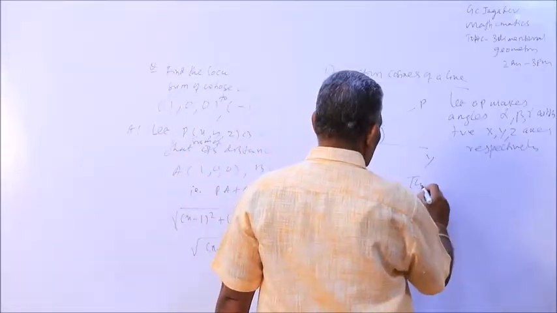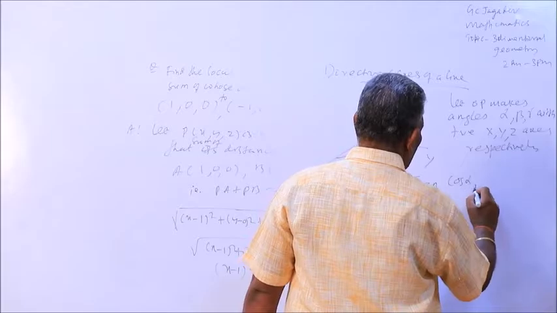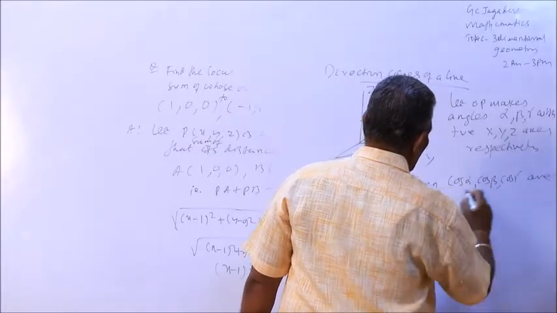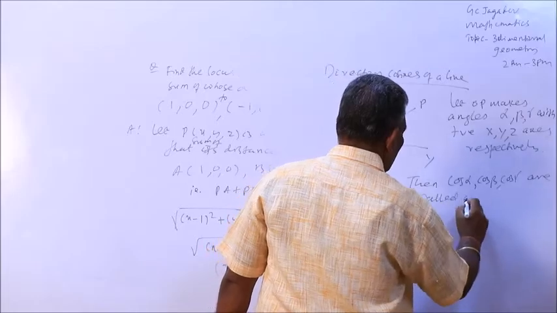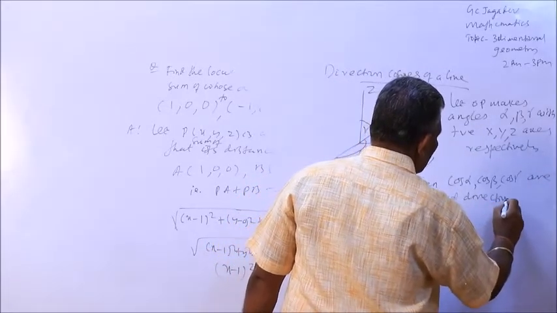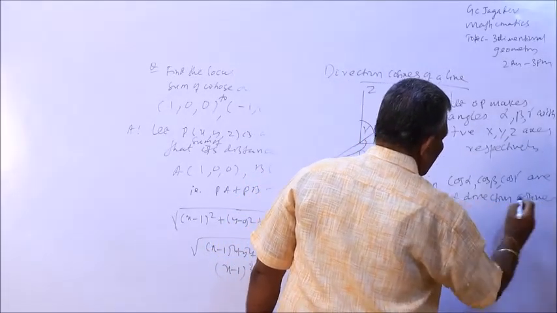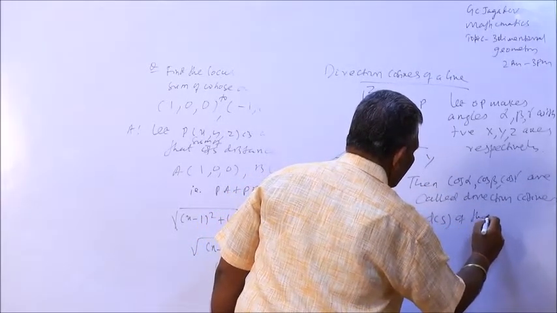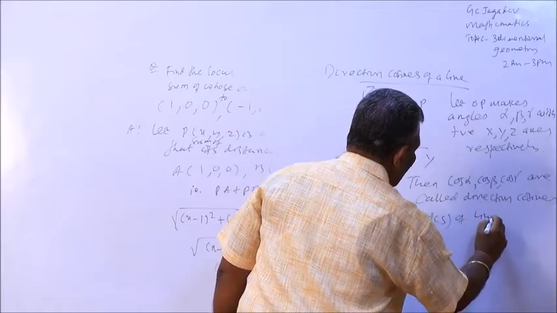Then cos alpha, cos beta, cos gamma are called direction cosines, or in short form DCs, of the line OP.